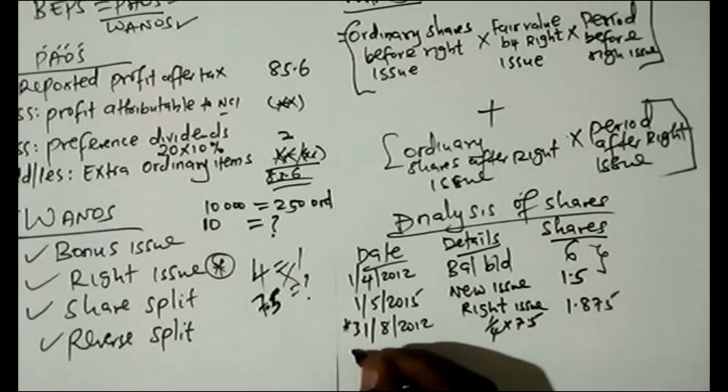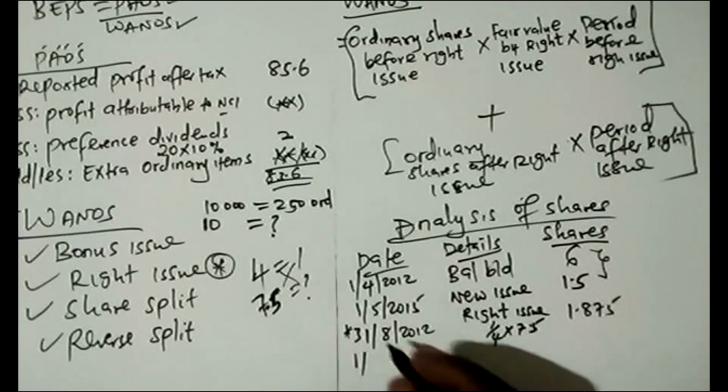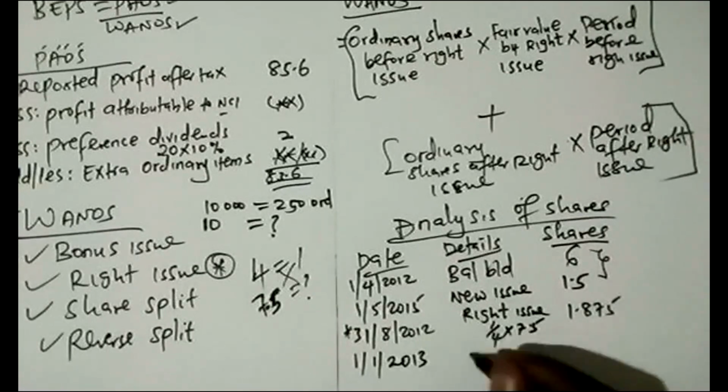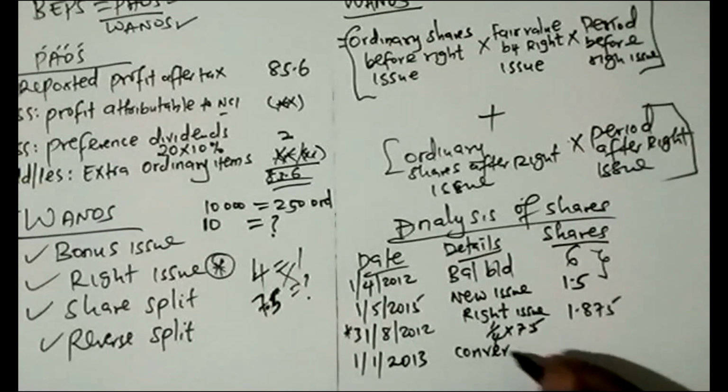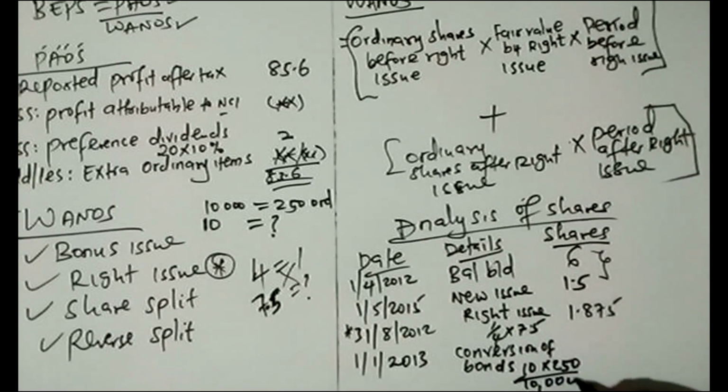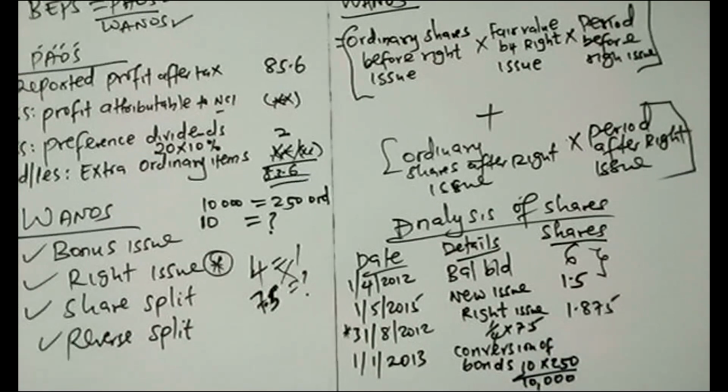So I write here 1st January 2013, conversion of bonds. We say 10 times 250 divided by 10,000, so that you determine the relevant ordinary shares, the conversion of bonds to ordinary shares.